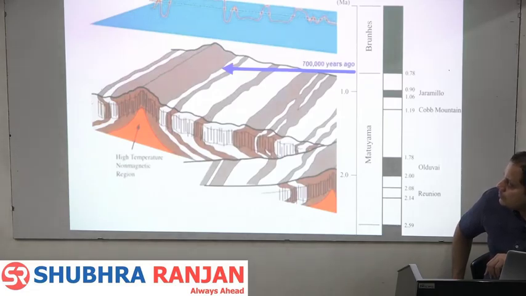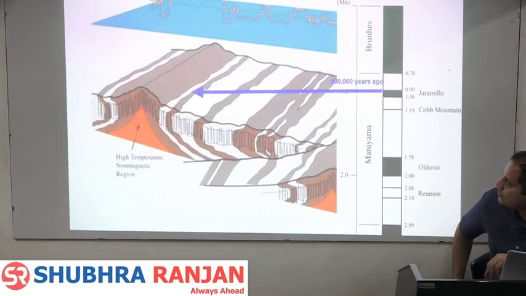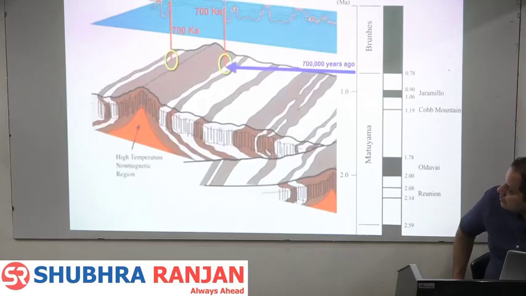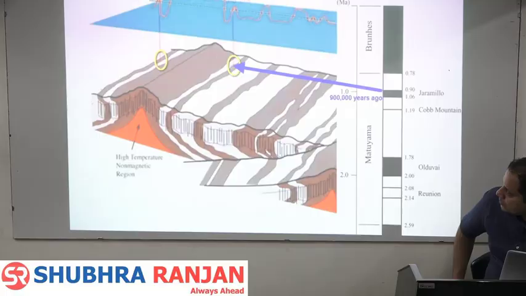Before that, there was one 900,000 years ago, and another 1.2 million years ago. So back to our anomalies, we can say that rocks along this line must be 700,000 years old, and this one 900,000 years old, and this one 1.2 million years old, and so on.